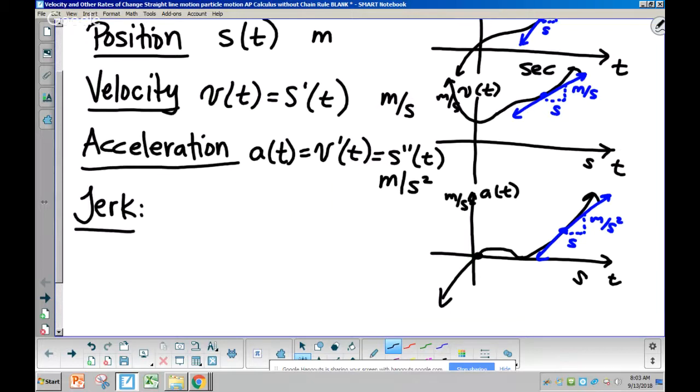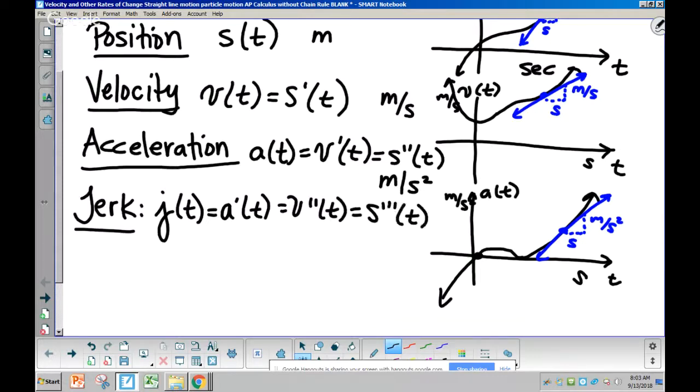Which turns out to be the first derivative of acceleration. You know where I'm going, right? The second derivative of velocity, and then the third derivative of position. And its units are going to be meters per second cubed.